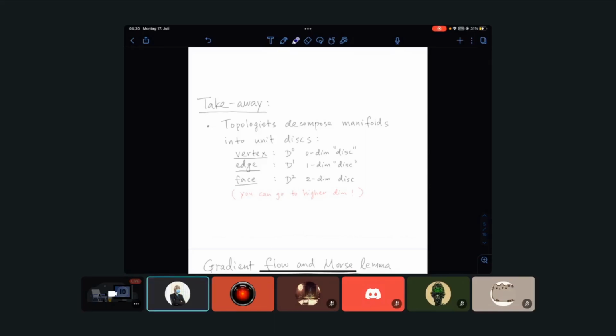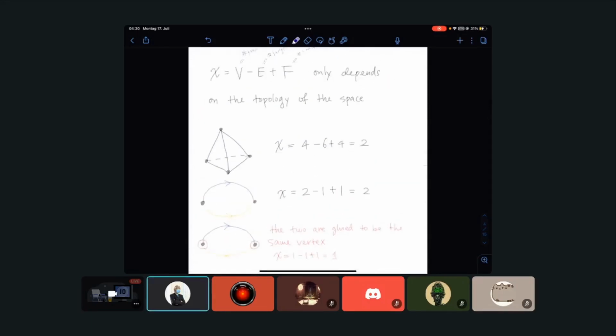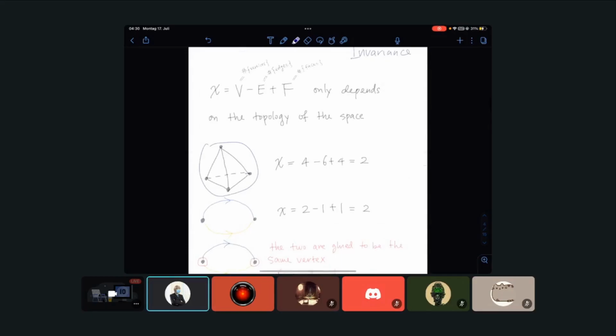Okay, so the takeaway from here is that topologists tend to decompose manifolds into unit disks. So if you remember all those ingredients we talked about, the vertices are simply zero-dimensional disks, right? Edges are just one-dimensional disks, they're unit intervals. The faces are just two-dimensional disks. And actually, you can go to higher dimensions. For example, for this guy, you can fill it in. You can have this solid sphere sitting inside, and that's glued to all these 4 faces.